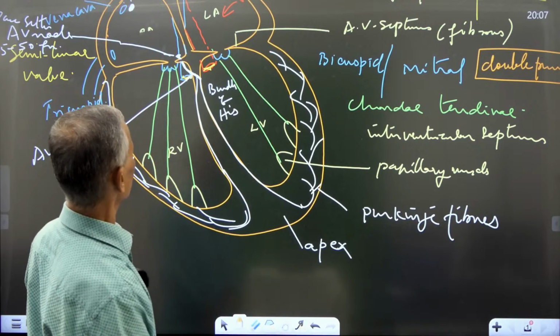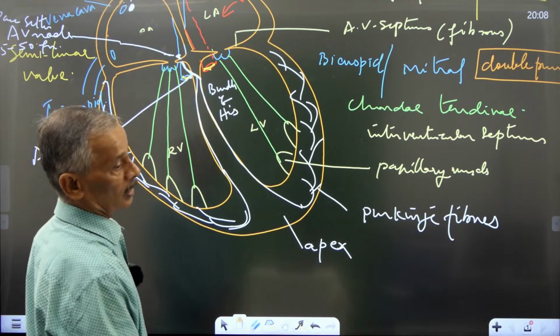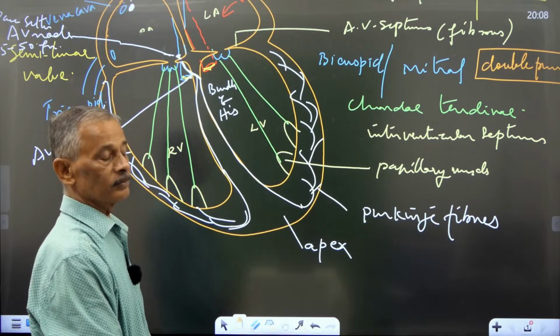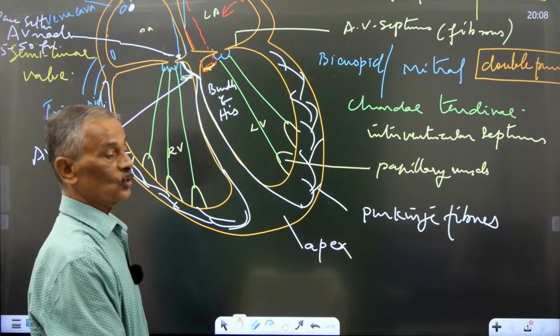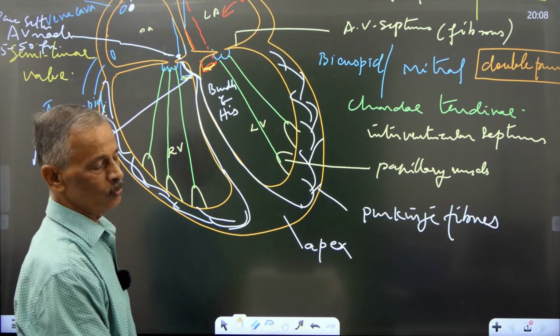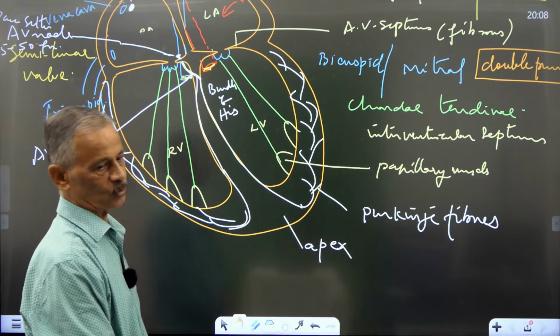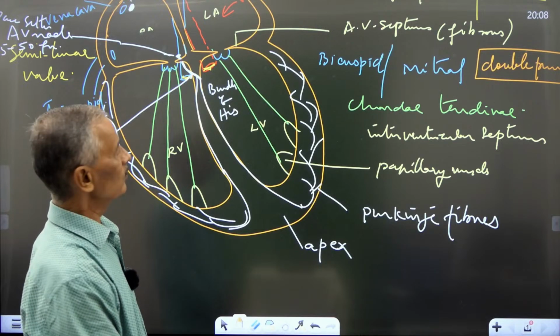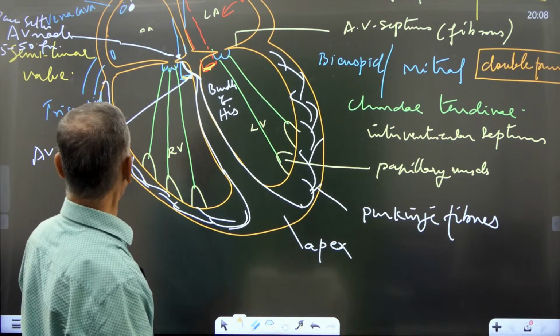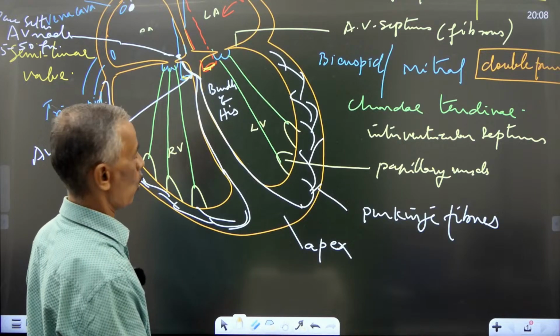ഒന്നുകൂടി പറഞ്ഞുതരാം. The heart muscles are also having a specialized type of tissue called nodal tissue, which is a modified muscular tissue, and this nodal tissue consists of an SA node and an AV node.